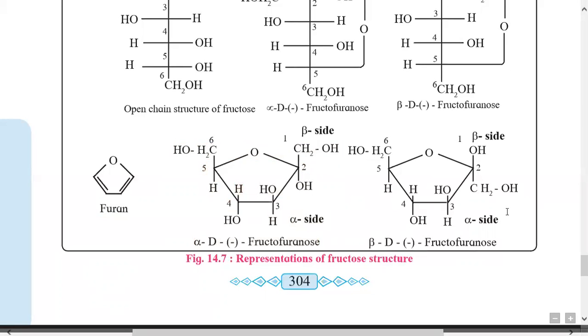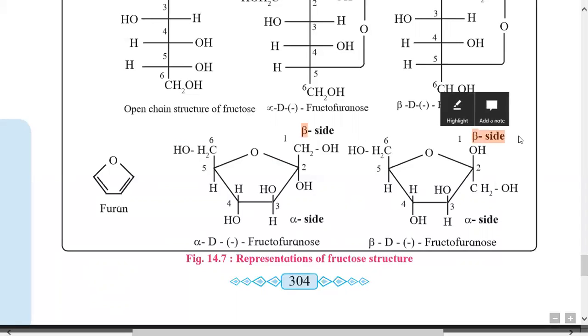In the other structure, this is carbon number 1, CH2OH. Then carbon number 2 has OH. In the first structure, it is below the ring. In this structure, it is above the ring, towards the beta side.